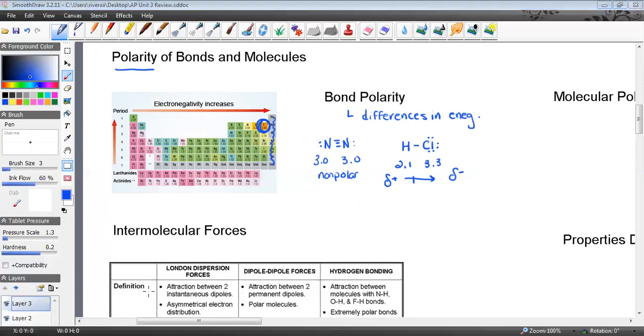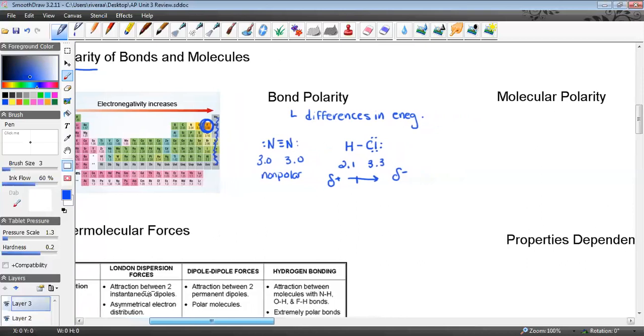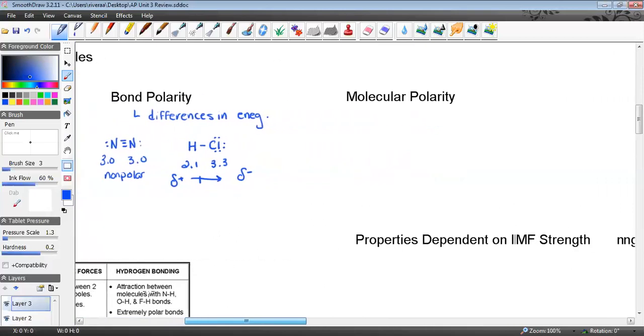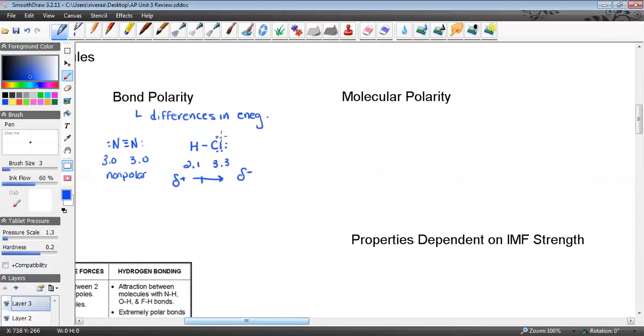Okay. All right. So here's the funky thing, is that even if you have a polar bond, sometimes your molecule overall will be nonpolar. Molecular polarity is what the molecule as a whole is feeling in terms of partial charge.